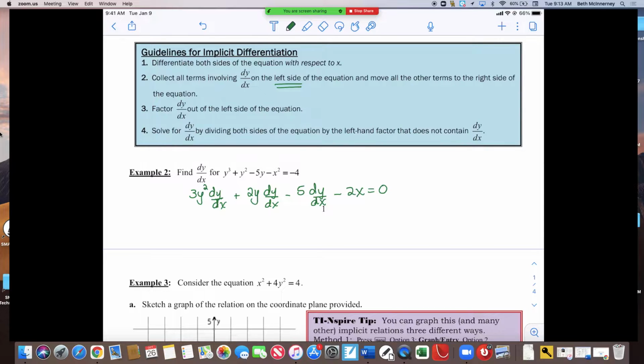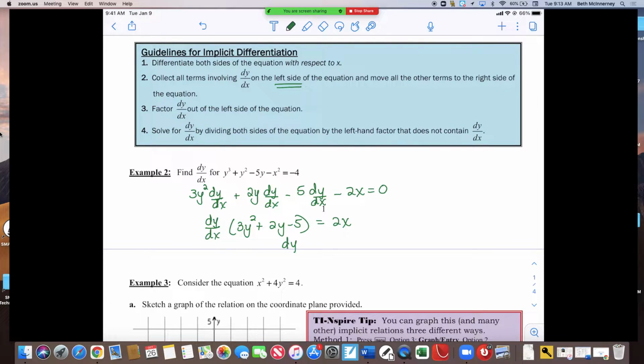All right, so I'm going to multitask here, and I'm going to factor out the dy dx, and I'm going to move that 2x to the other side. Can you handle doing both things? So we're going to factor out dy dx out of the terms that have it, and I'm going to move the 2x to the other side. Then here's what I mean by divide both sides.